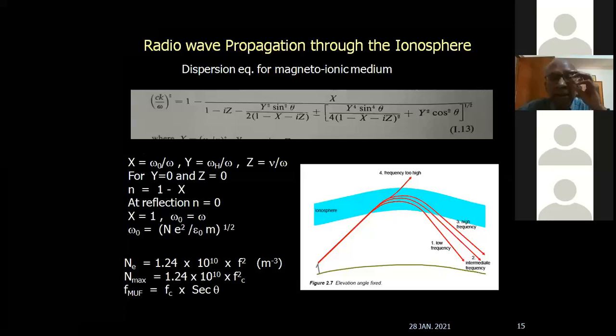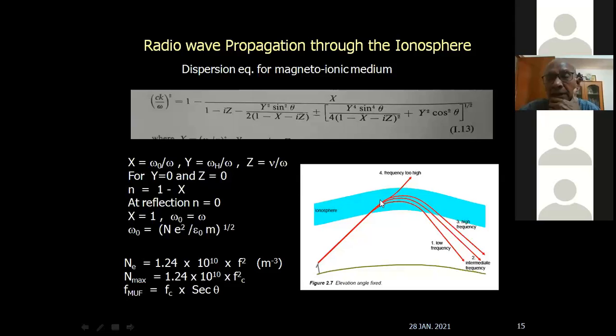So this is going back into HF communication. As you keep on increasing the frequency of the radar signal, the signal keeps on penetrating deeper and deeper into the conducting layer, and it is proportional to the electron number density.